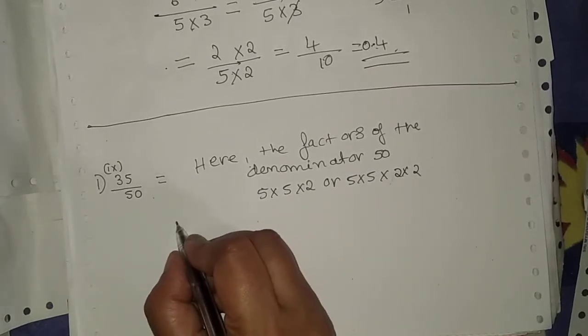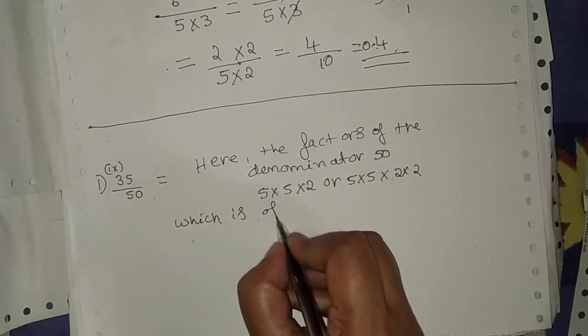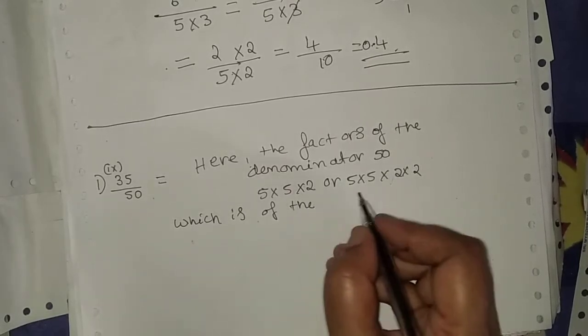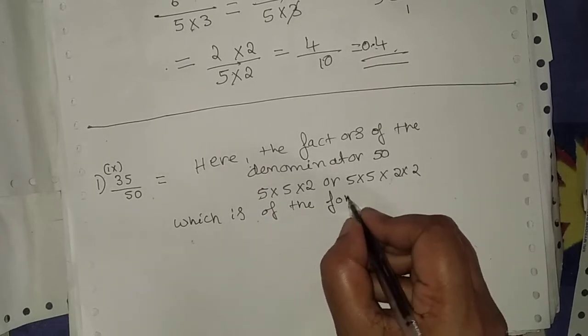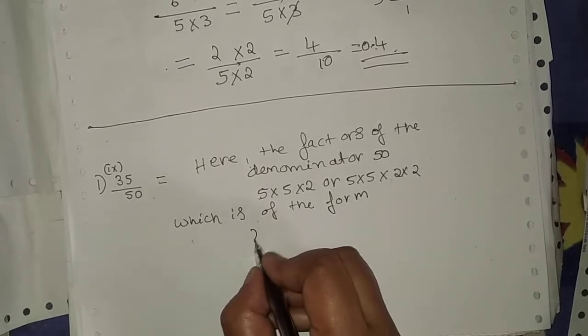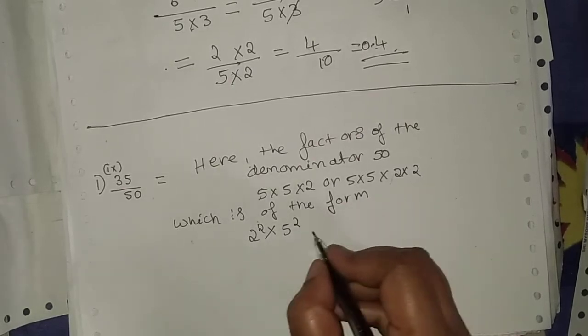So which is of the form? Two integers are there, 5 and 2, which is of the form 2 square or 5 square.